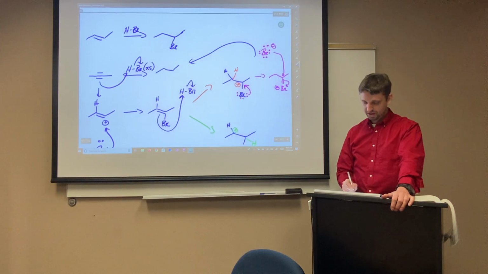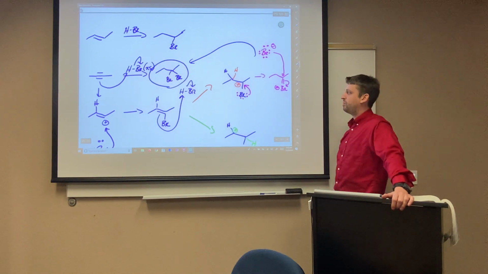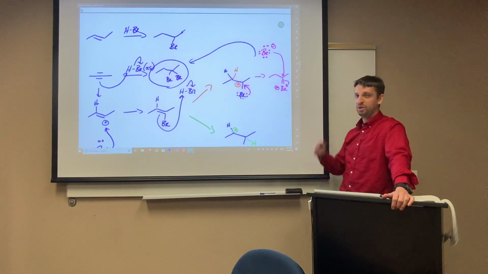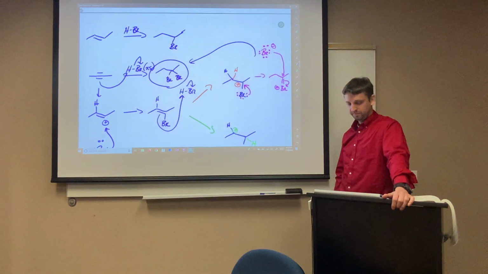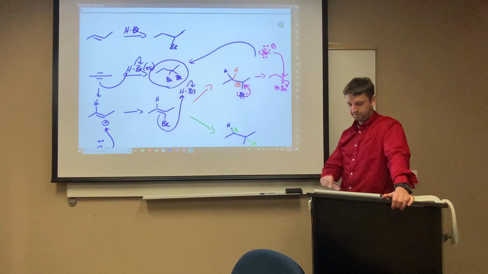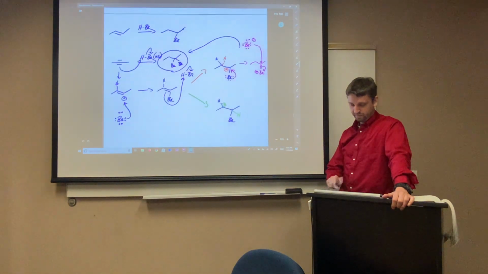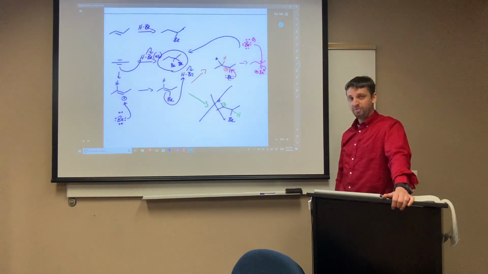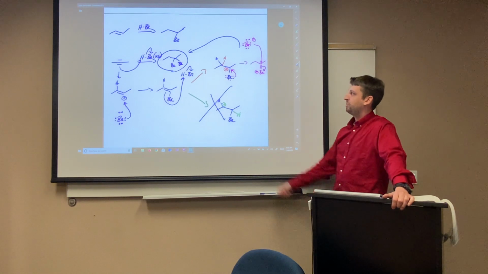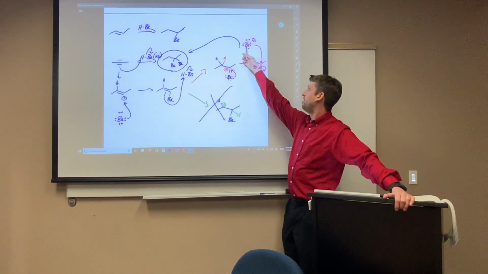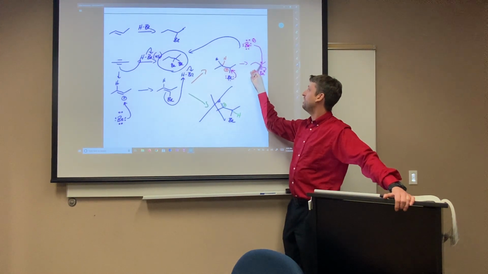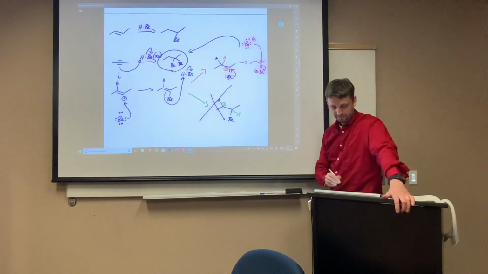So our product here is where we add bromine, both bromines, to the exact same carbon. So we don't follow this pathway down there. Because of a resonance stabilized positive charge, we see the bromine attack the same carbon that the other bromine is bound to.